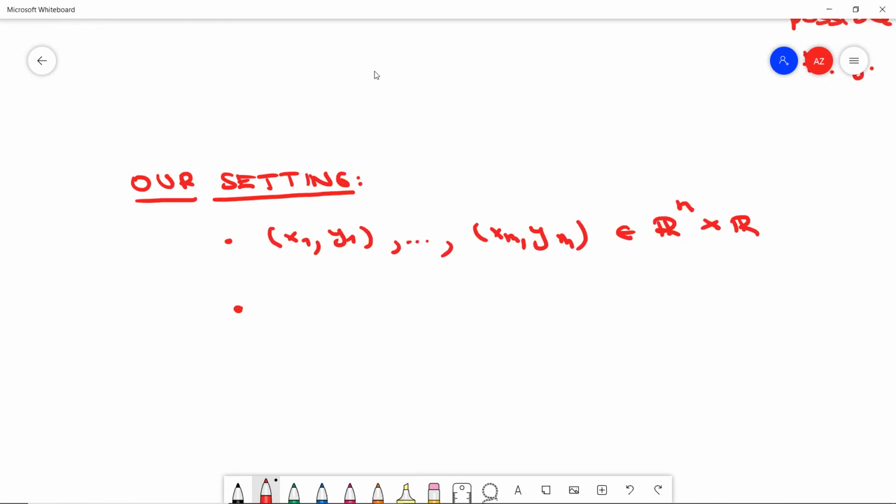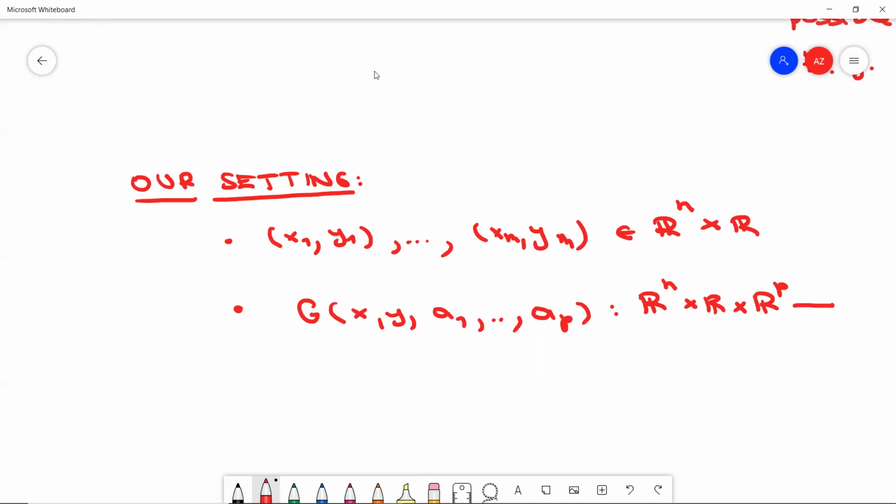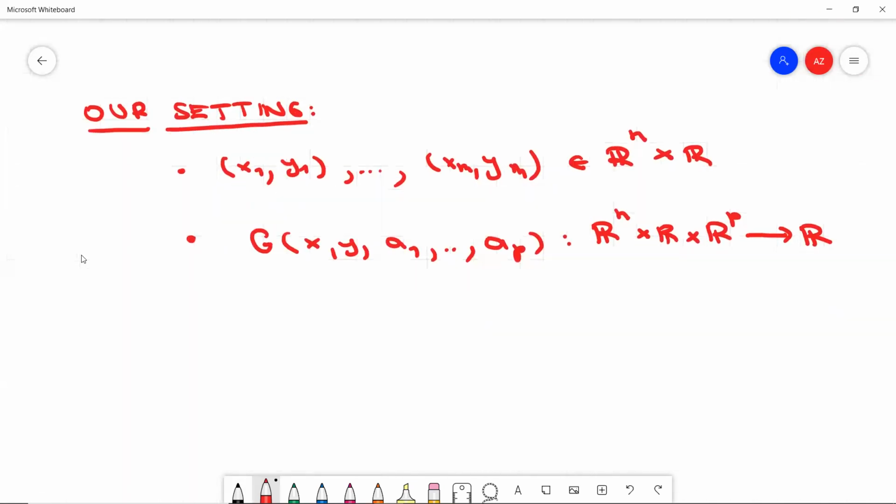And we have a function g of x, y, a1 up to ap. This is a function from R to the power of n times R times R^p into the real numbers. And we are searching for the zeros of our system.